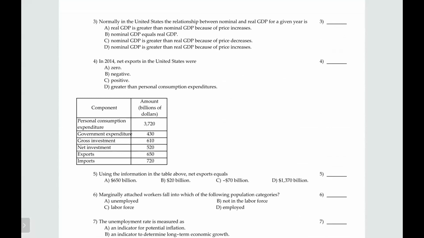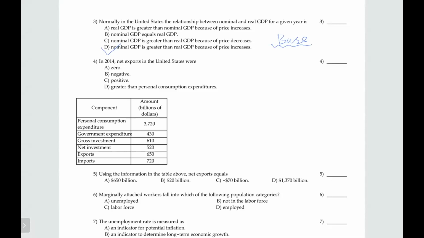Okay, so the answer is C. But you should know, if we look at some particular year, the base year, which is the year we pick to calculate real GDP, then in a base year, nominal GDP should equal real GDP.